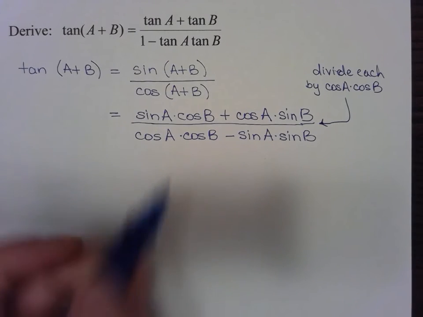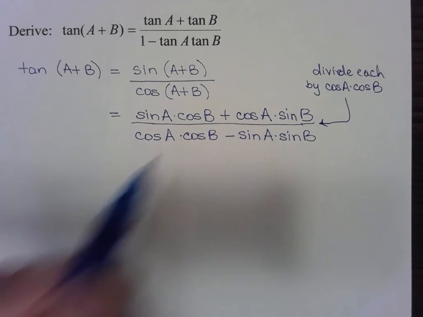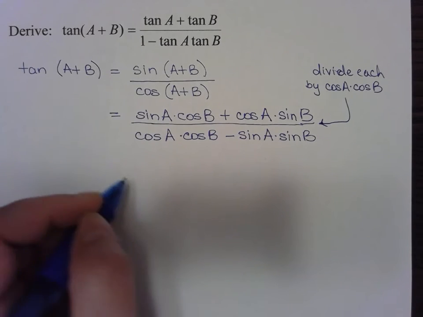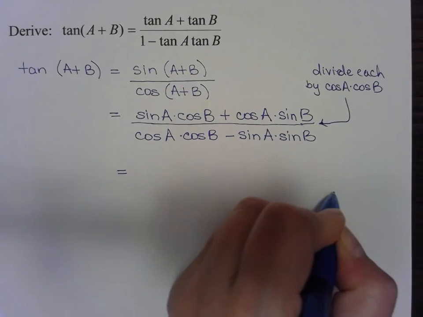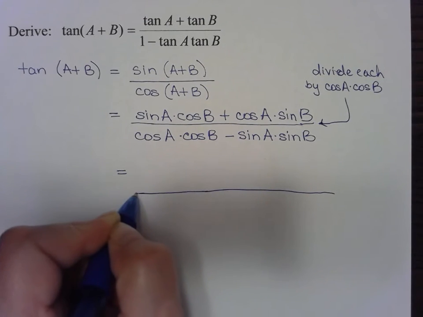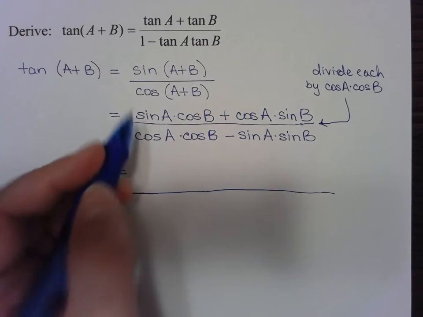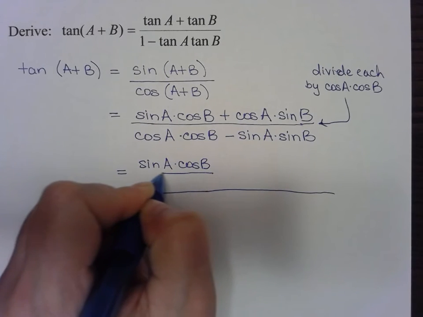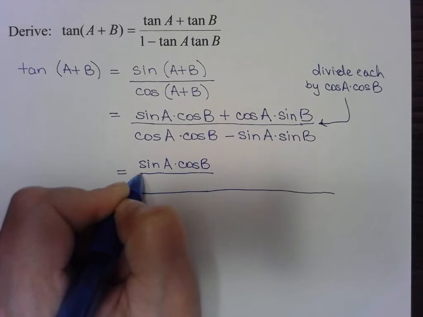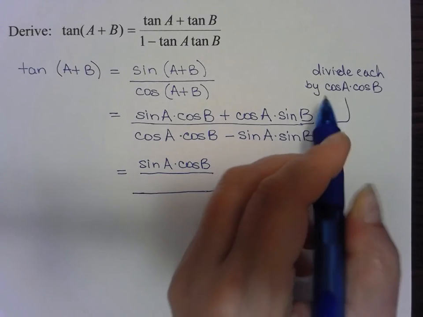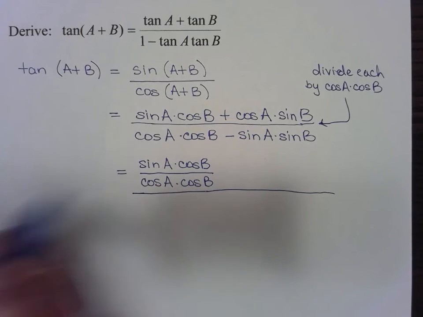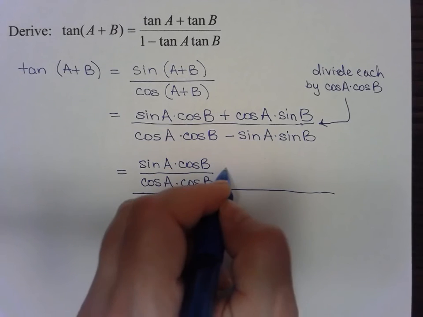Okay, and we've got 4 parts here. We're going to do all of them. This is going to give us one of those fractions within a fraction. I know you love those. Okay, so we have sine of A, cosine of B, over, remember this is what we're dividing by, cosine of A, cosine of B. Same thing here.